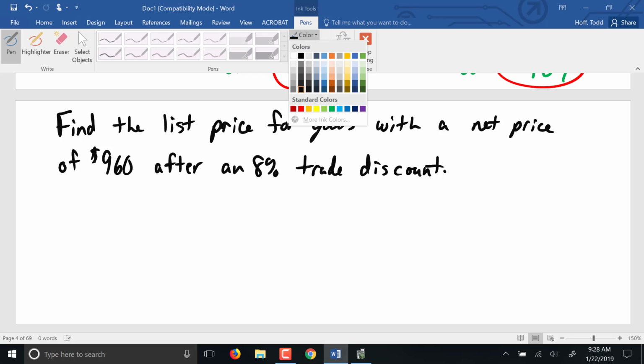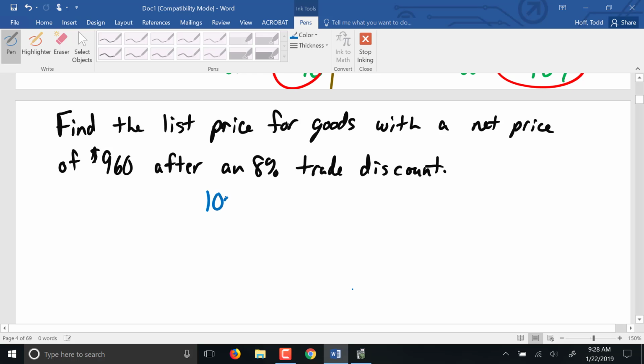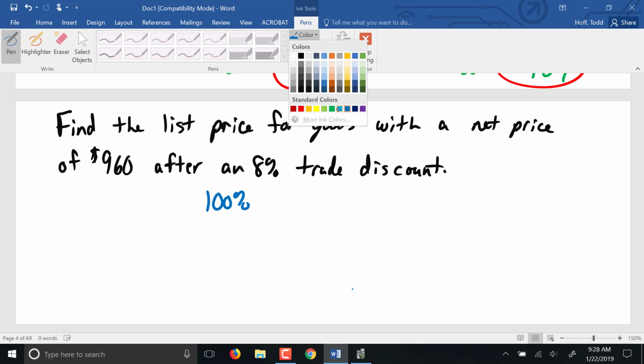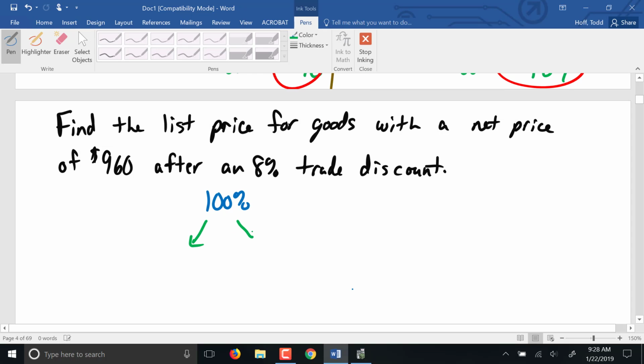So again, we know that that whole thing is 100%. And that's going to get split up into the trade discount and the net price.